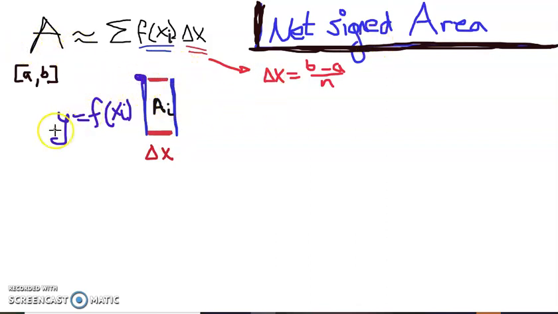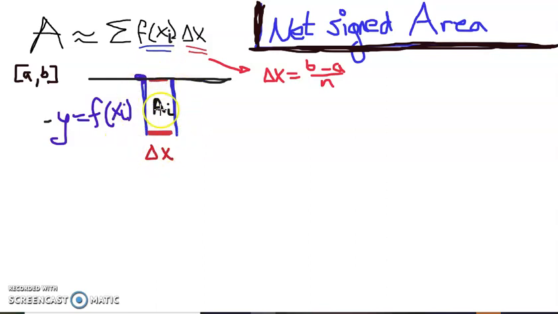What this is doing, though, because y values, well, we're going to start with y values. First of all, y values can be positive or negative. So if you have a negative y value, for instance, let's say the x-axis is up here, well, then you can't actually have a negative area, but if you're multiplying a negative y times a positive delta x, you're going to get a negative number as the area, even though it's impossible to get a negative area.